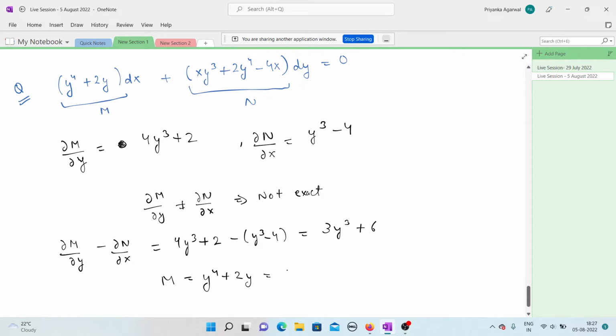So if you take y as common, this will be y cube plus 2, and this difference can be written as 3 common y3 plus 2.